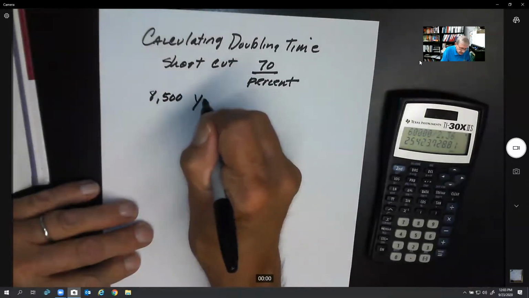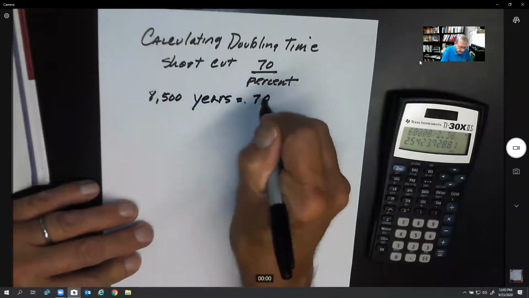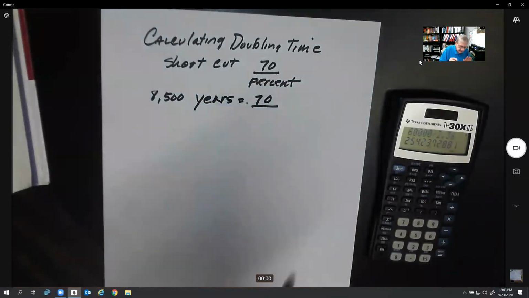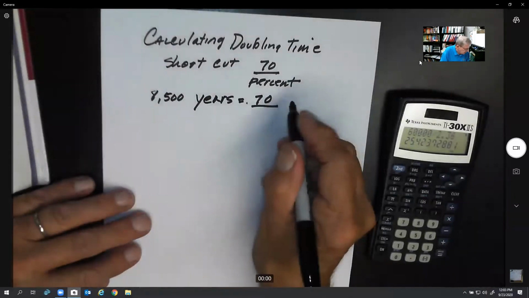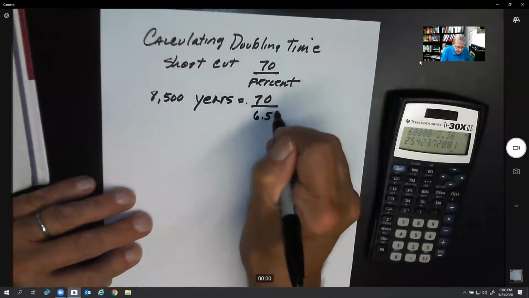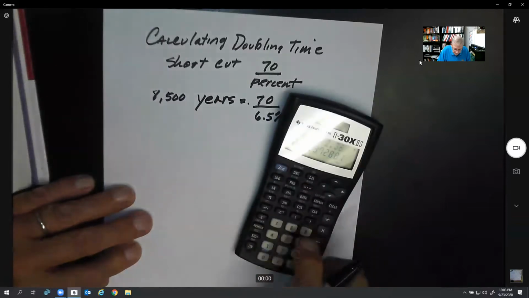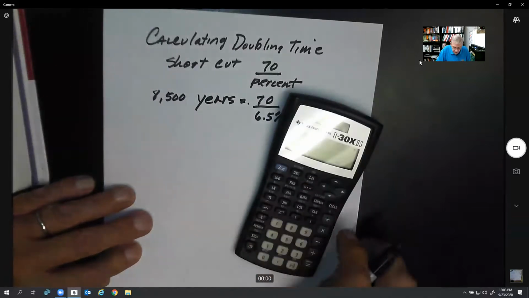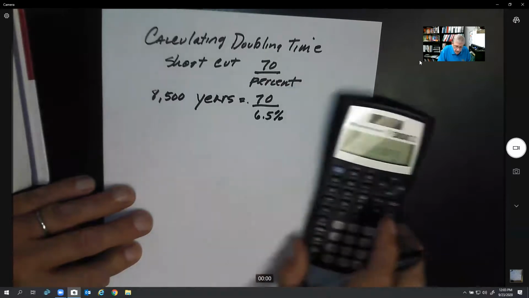This is going to give you the years. 70 divided by, and what's nice about this is you don't have to change the percent to a decimal. You just use 6.5%. You're going to take 70 and divide it by 6.5. They don't show you this in the book. Bingo.